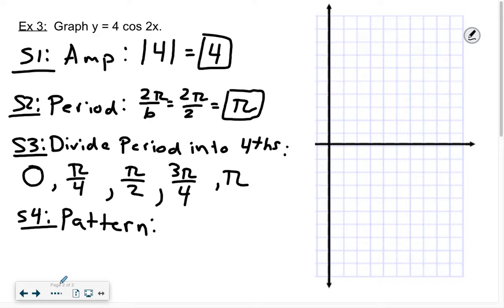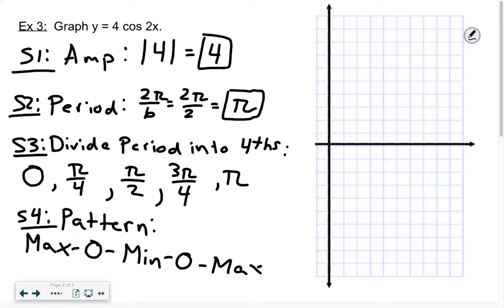If this was a negative 4, then it would start at the minimum, correct? So we do start at the max because it's positive. We start at that very high value and then we go down to 0. Then we go all the way down to the min, back up to 0, and finish once again at the max.